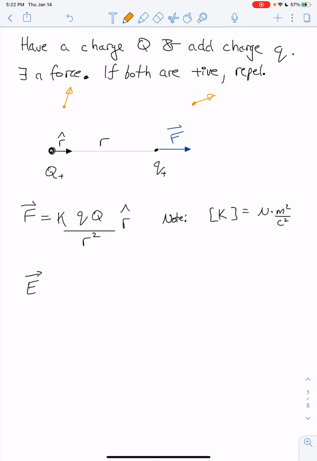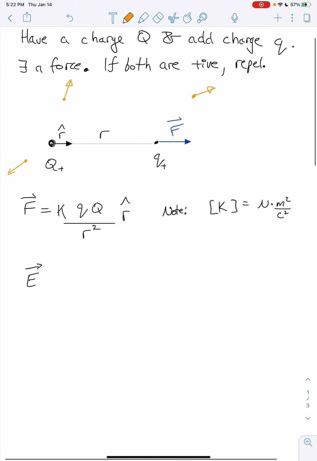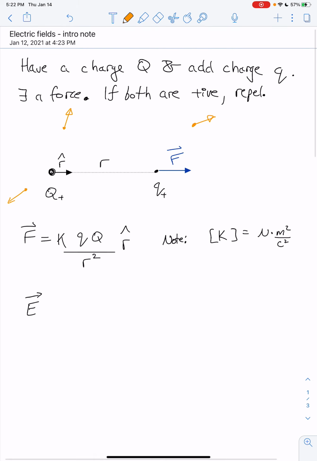And so on and so forth. We can put a charge here, and there'd be a force in that direction. So what we're doing here is mapping out the fact that there is an electric field in this surrounding space, and we can get a sense of its magnitude and direction by using little test charges.